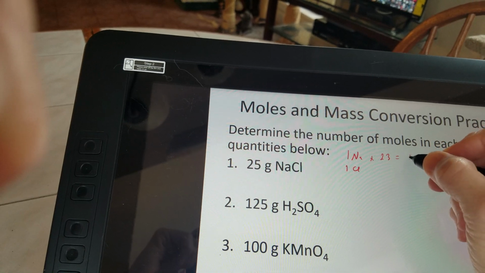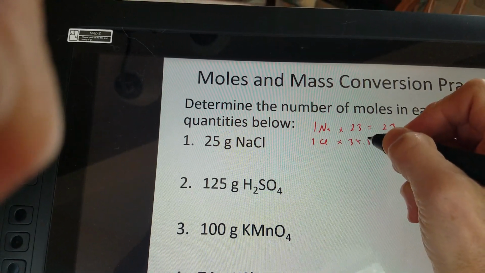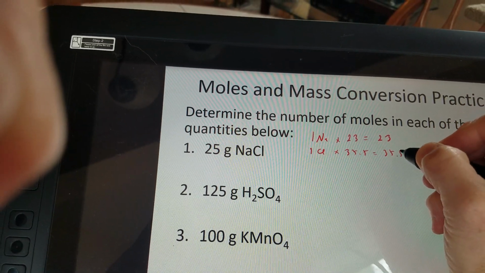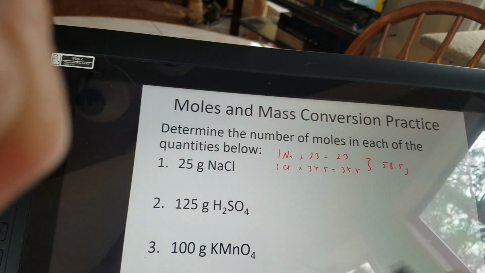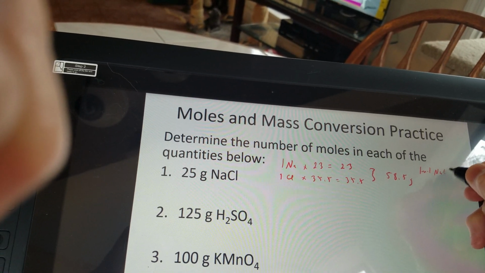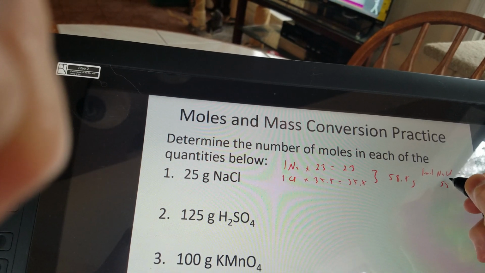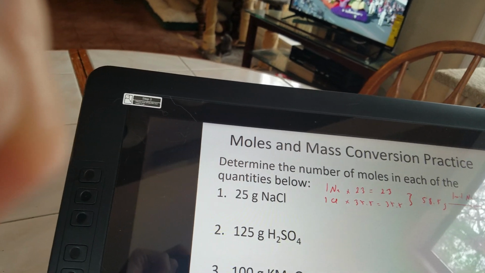So this is 23, if you look it up on the periodic table, and this one is 35.5, again off the periodic table. If we add these together, it's going to be 58.5 grams. What that's telling me is that in 1 mole of sodium chloride, I have 58.5 grams of sodium chloride. So I'm going to use that as my conversion factor.